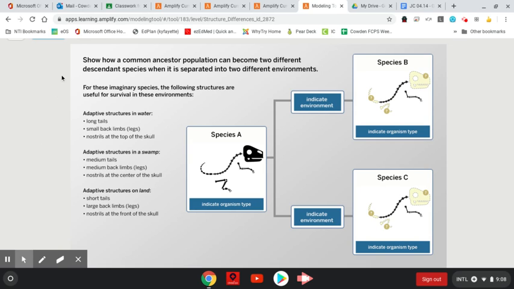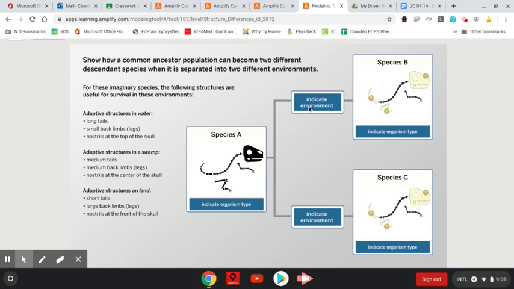Alright, so it says, show how a common ancestor's population can become two different descendant species when it is separated into two different environments. And there's a list right here of different environments and structures, the way they would change. So you have water, swamp, and land.